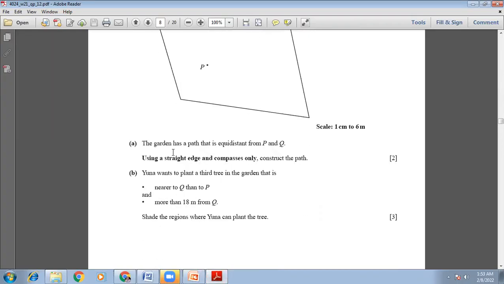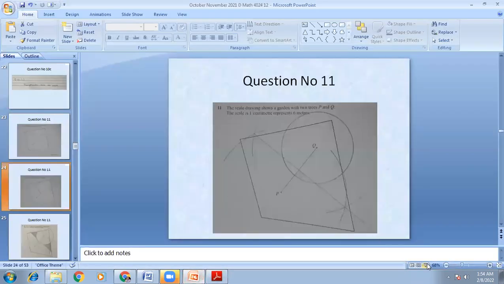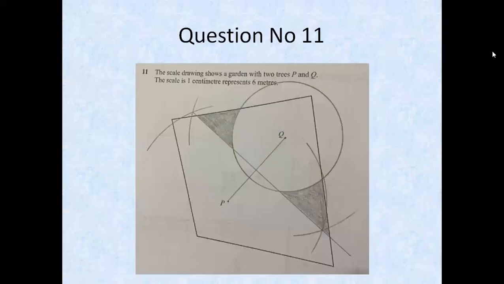What are the statements? It says more than 18 meters from Q. So you have to remain outside that circle, and you have to remain nearer to Q as compared to P. So it says shade the region where Yuna can plant the tree. Let me show you. So this is that perpendicular bisector.